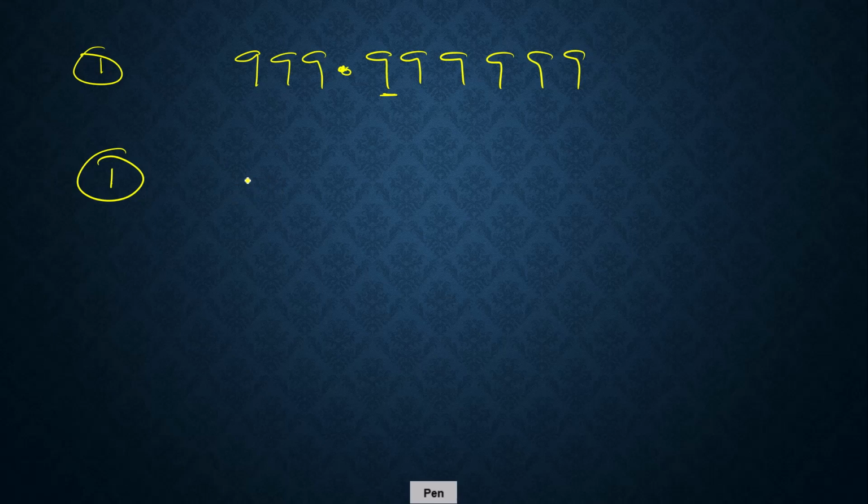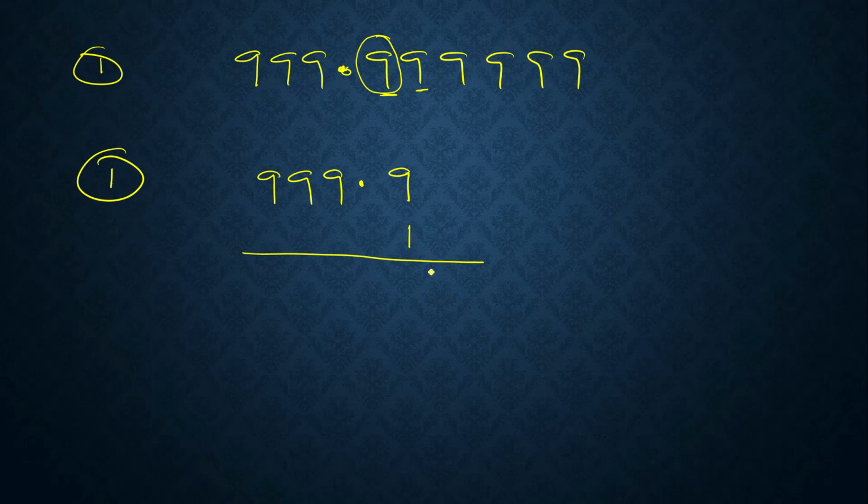We have one decimal place here. The next number is 9, so we are going to add 1 to this, and write everything: 999.9, plus 1. 9 plus 1 is what? 10, so 0, carry 1.